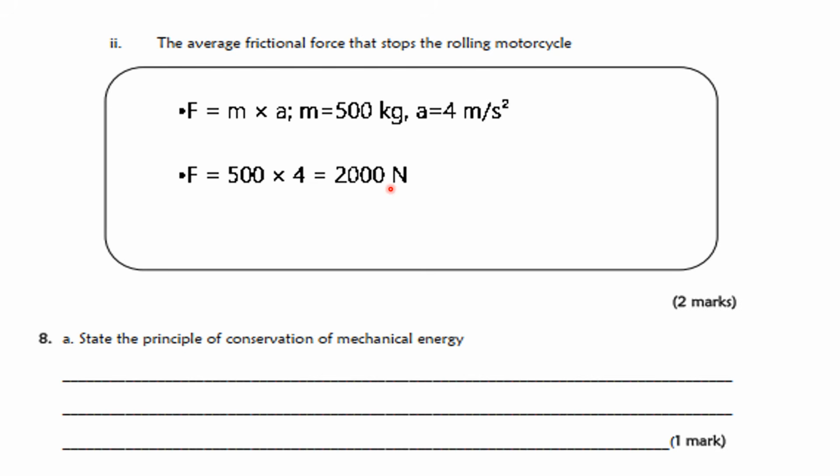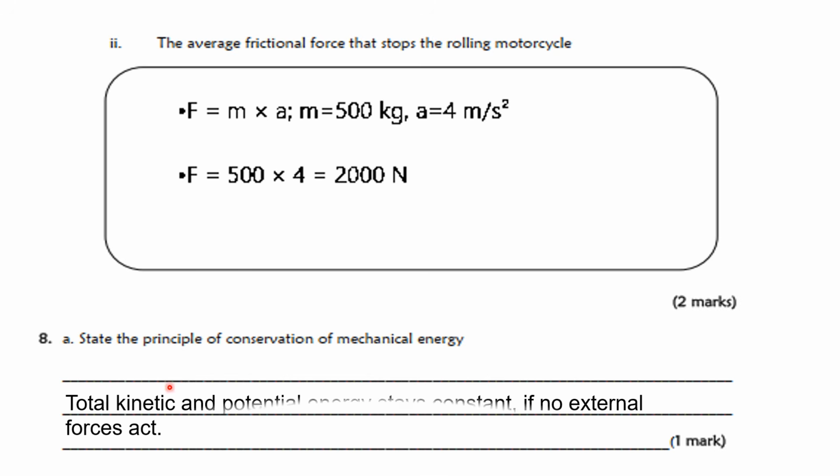Number 8, state the principle of conservation of mechanical energy. Sorry, why did I say mechanical advantage? This is mechanical energy. Mechanical energy, remember, is kinetic energy plus potential energy.